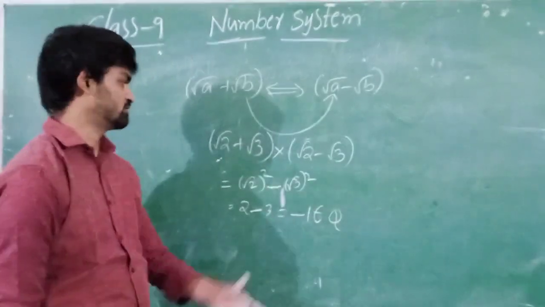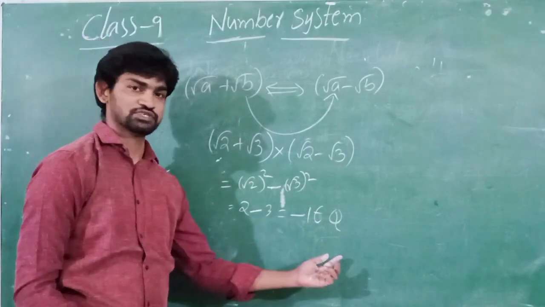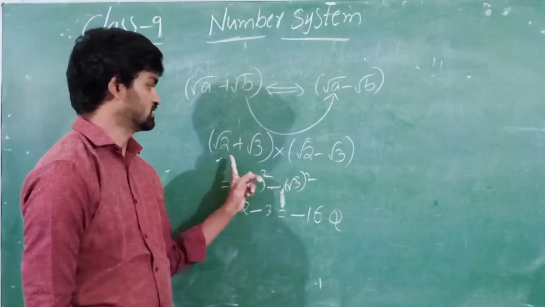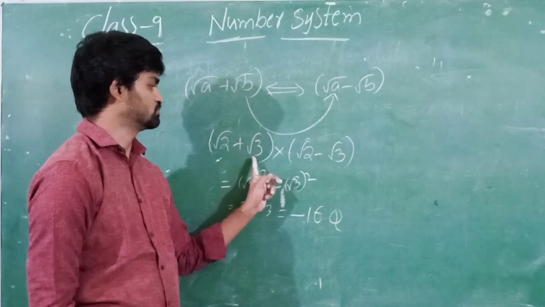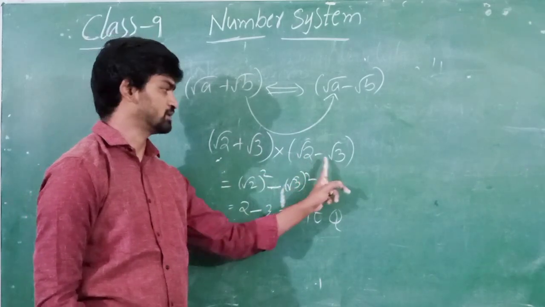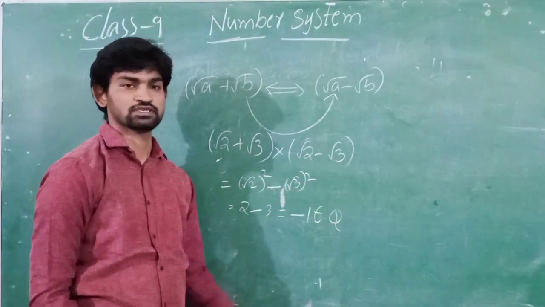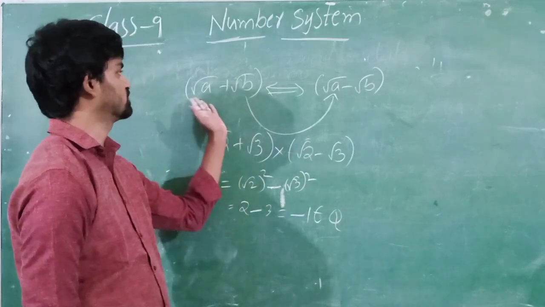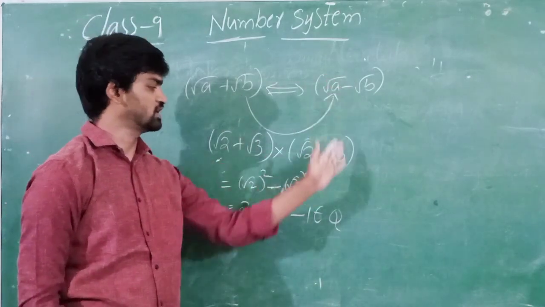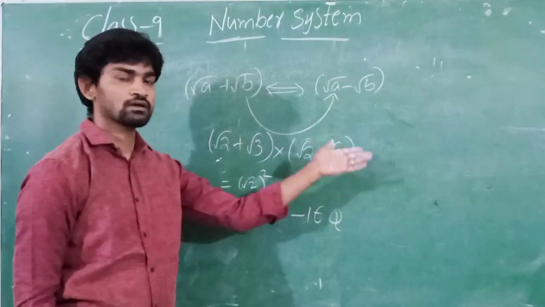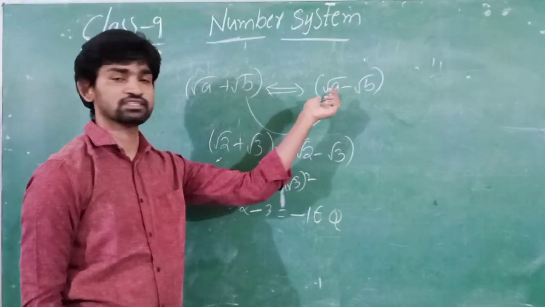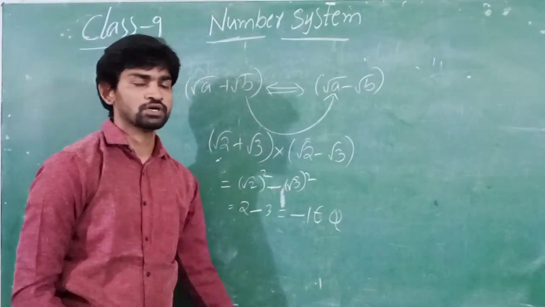We converted this irrational number into rational. Then we multiplied with root a minus root b, we got a rational number. So any number in the form of root a plus root b will have its rationalizing factor in the form of root a minus root b.